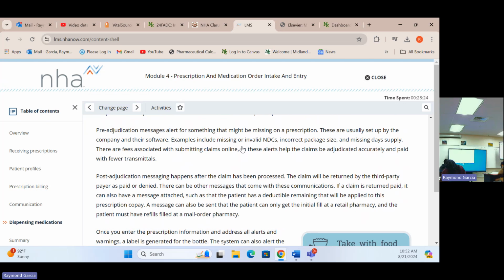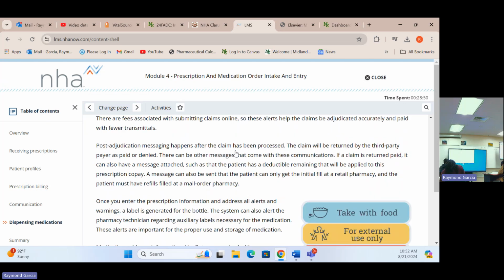When you're entering meds, when we get to that point, you'll see that there are a lot of rejections. You'll see that we'll bypass those a lot, but for the most part, if it's important, or there's a contraindication of something, we do need to make sure we notify the pharmacist.